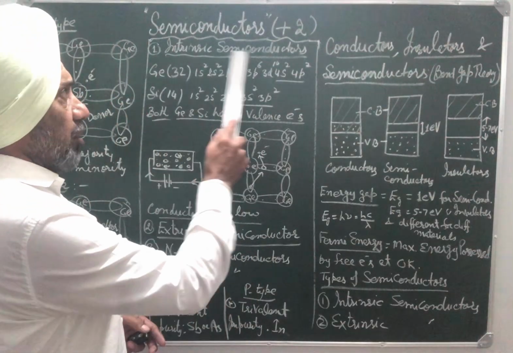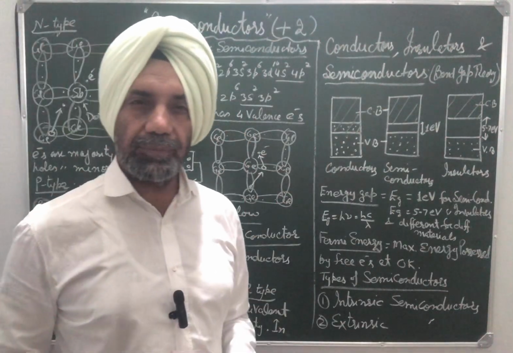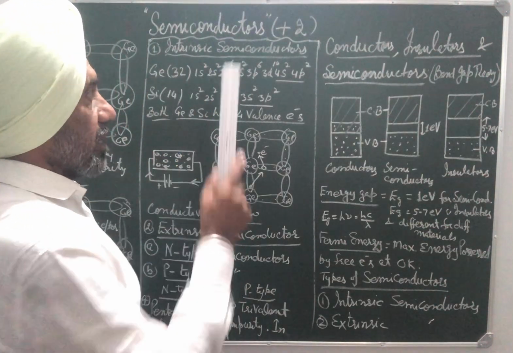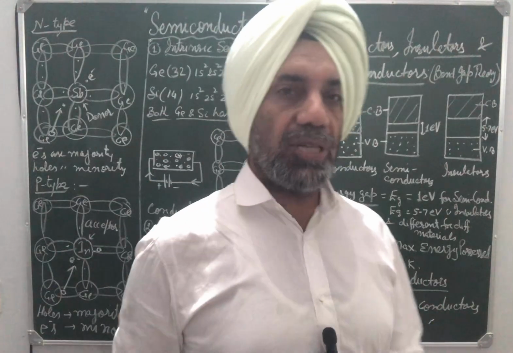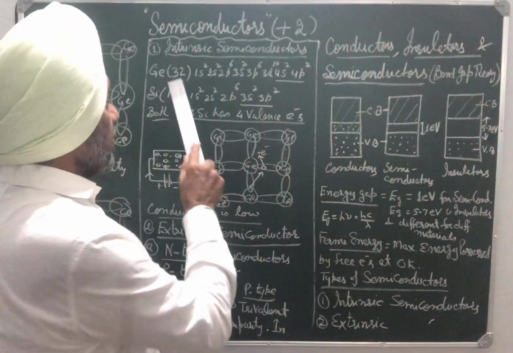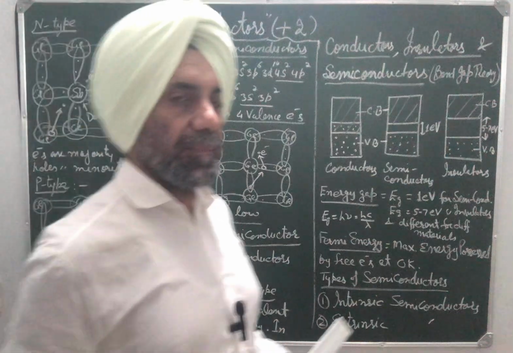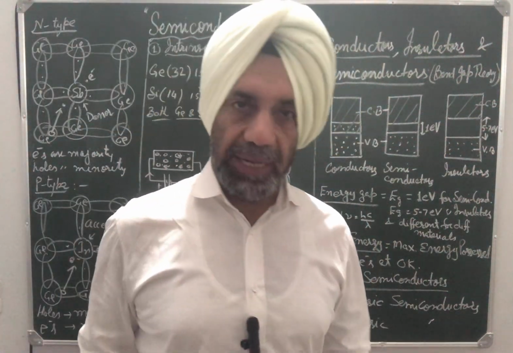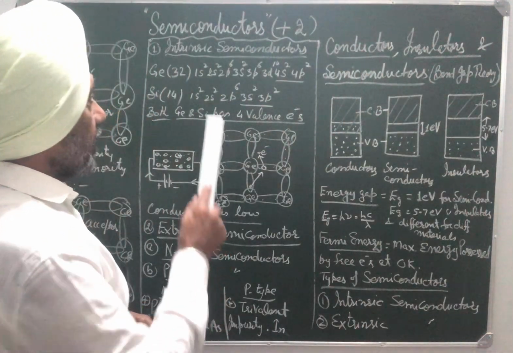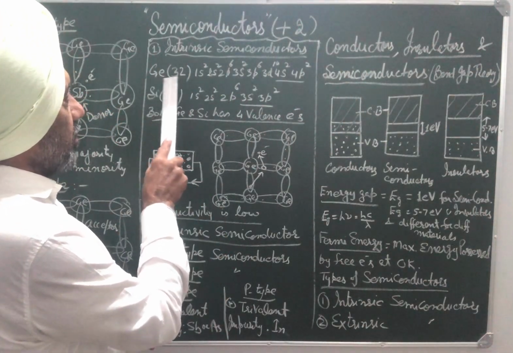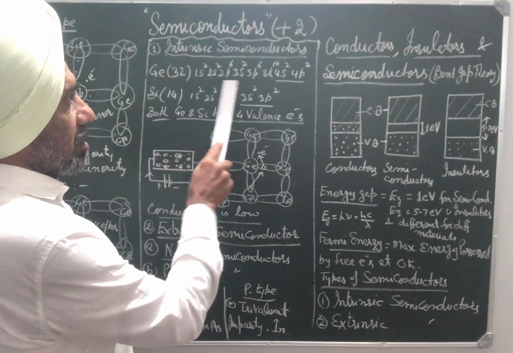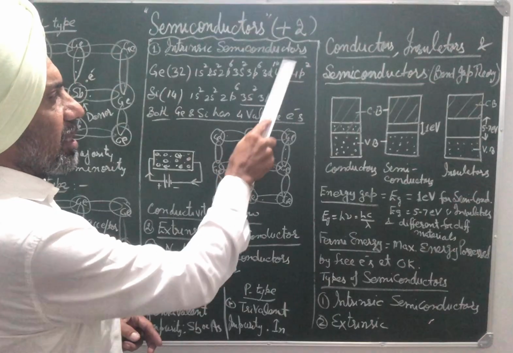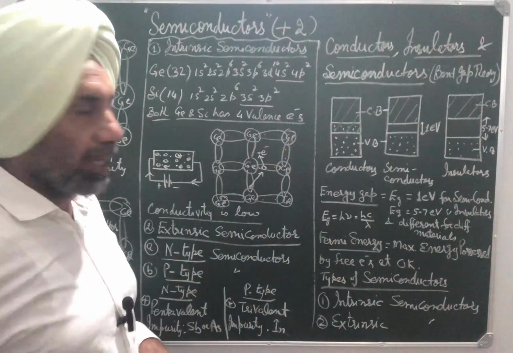Now, in case of intrinsic semiconductor, when we take a pure sample of germanium or silicon, they are basically semiconductors. For example, germanium 32 has the configuration 1s2, 2s2, 2p6, 3s2, 3p6, 3d10, 4s2 and 4p2.